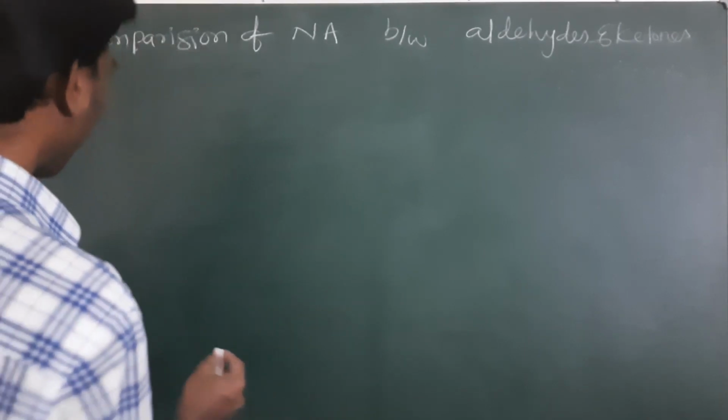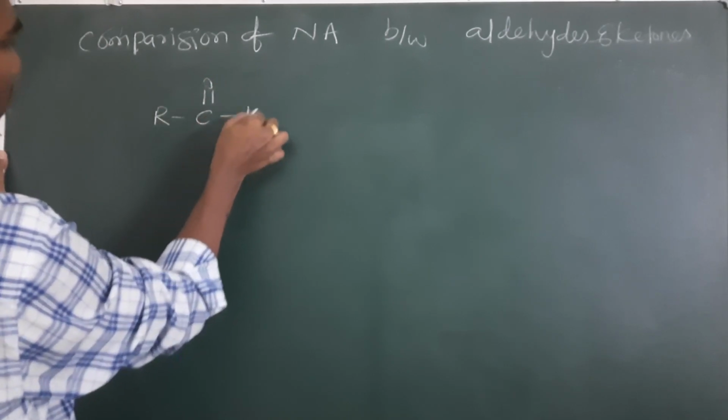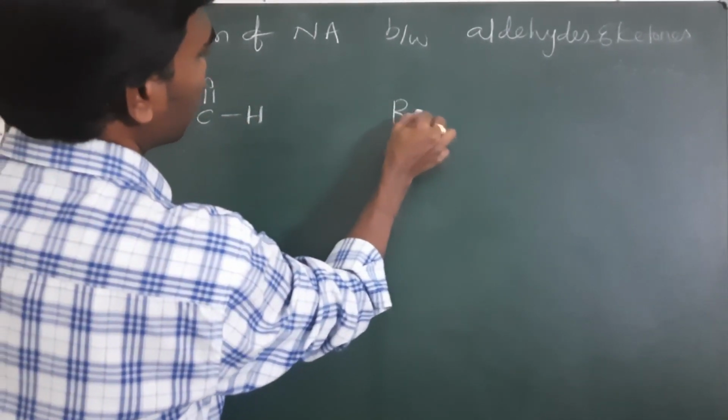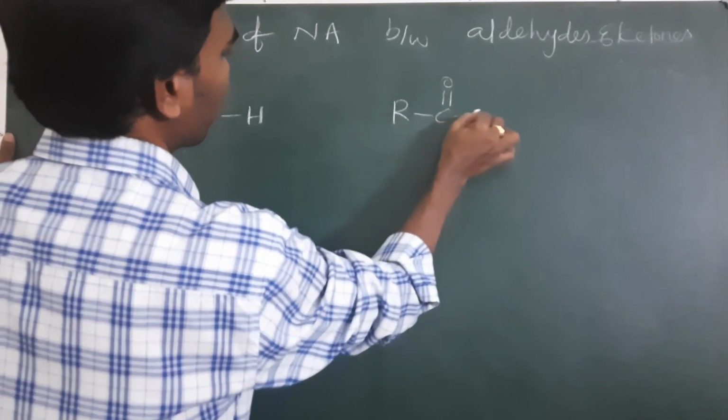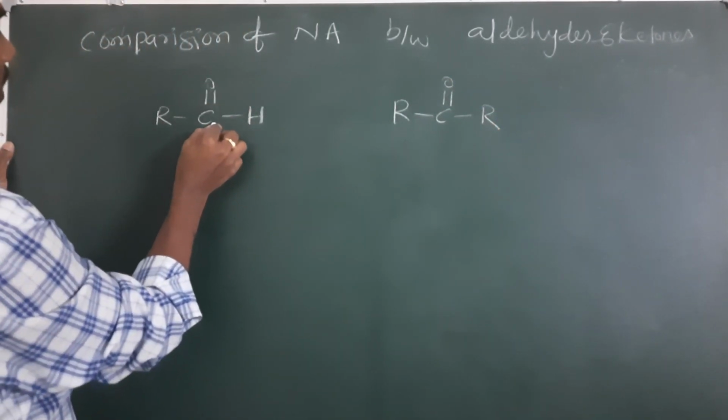For example, here I am taking one aldehyde, R-C double bond O-H, and the ketone is R-C double bond O-R. Due to polarization, here carbon will get a positive charge.